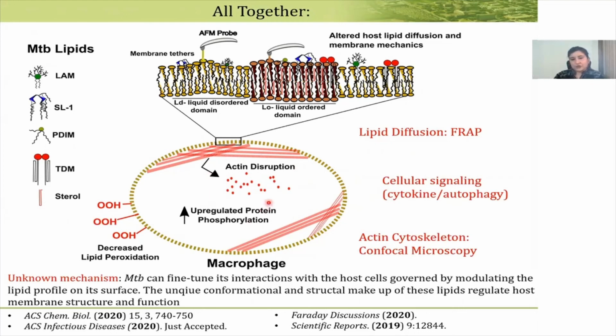And what I was not able to show you is that the functional significance of these interactions culminates in increased cytokine and autophagy signaling, which brings us to the mechanism that we are proposing, wherein this organism can fine-tune its interaction with the host cells by modulating abundance of these lipids, because each of these lipids produces a distinct effect in different aspects. And this unique conformational and structural makeup of these lipids regulates host membrane structure and associated signaling functions as well.